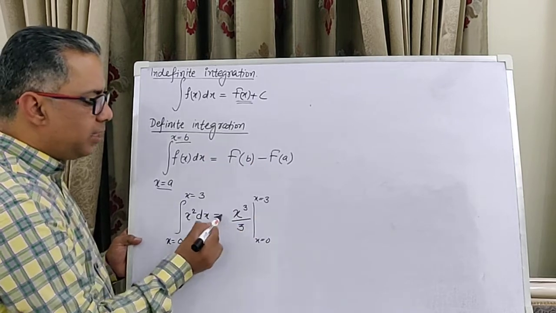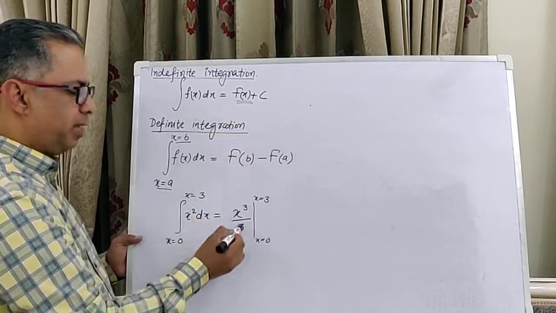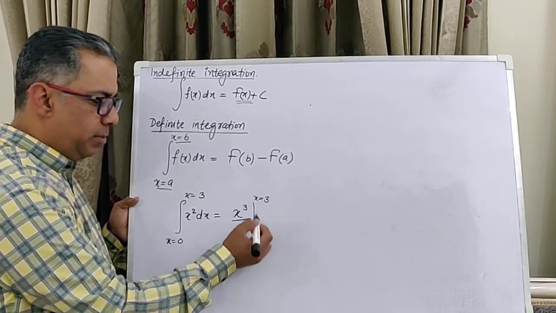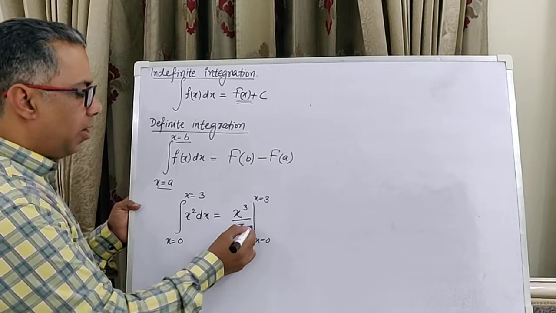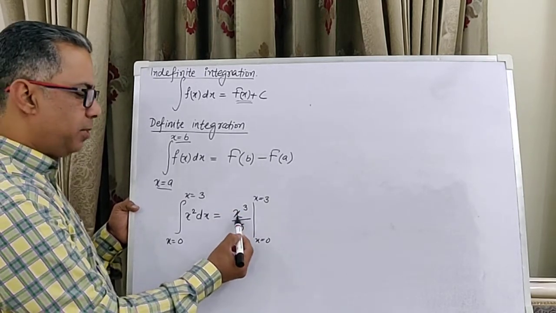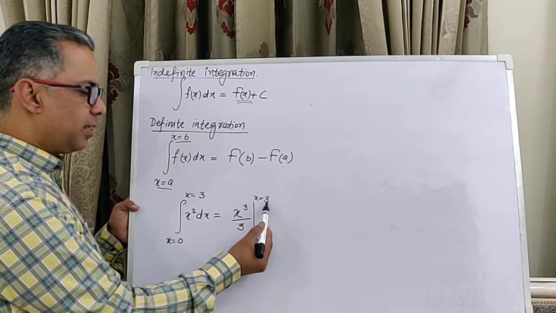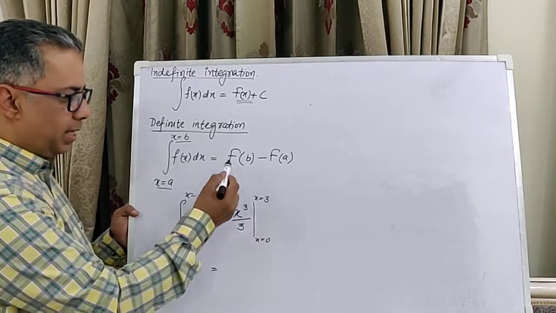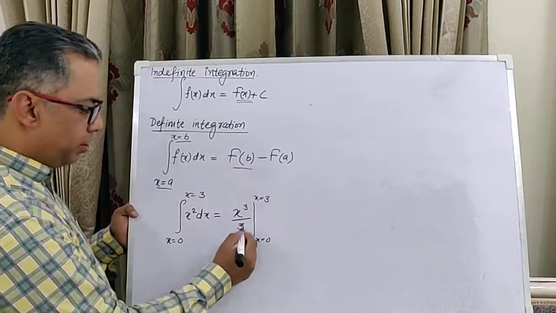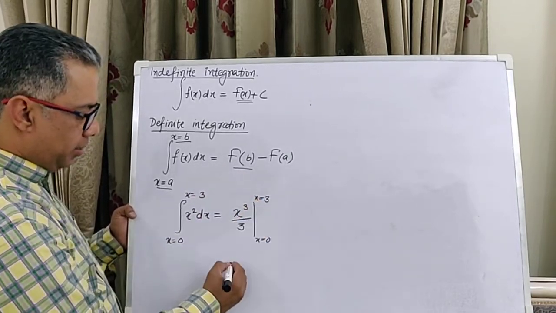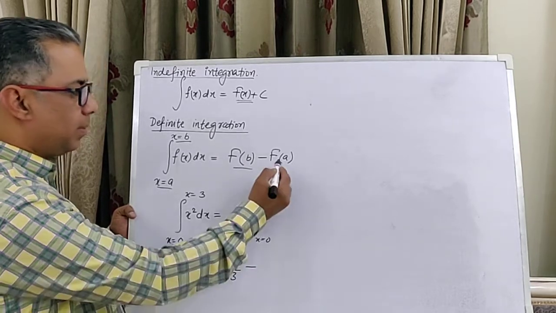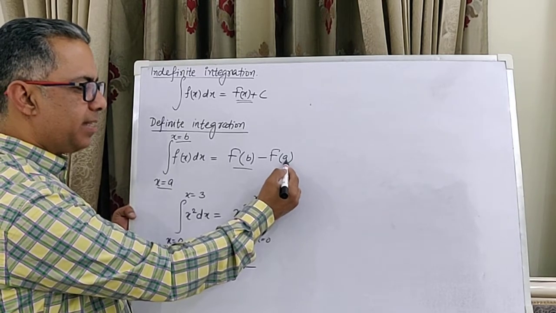Now this function here is your capital Fx, and this is x equal to b, this is x equal to a. Now in this capital Fx, what we'll do is we'll substitute x by 3, and that gives us f of b. So x equal to 3 is substituted here, minus f at x equal to a.